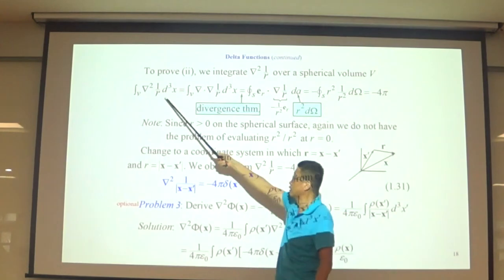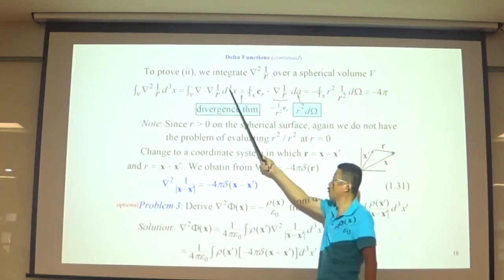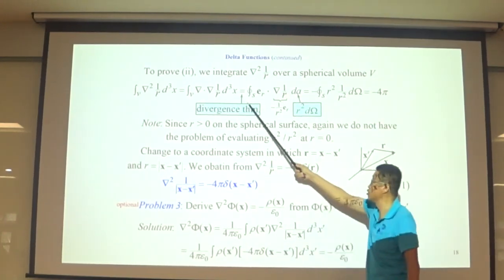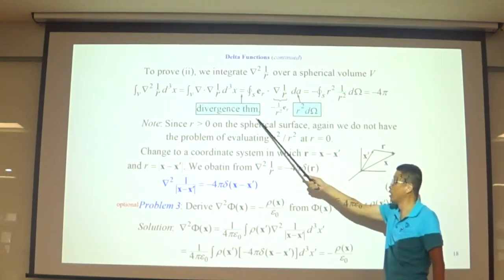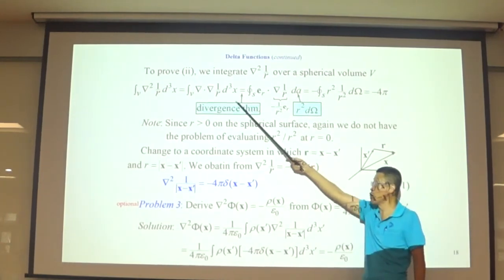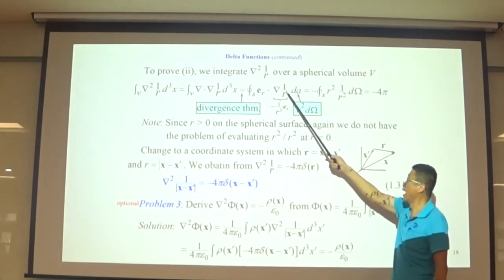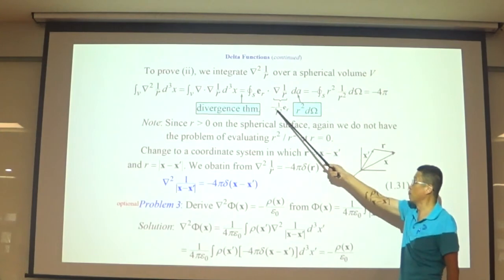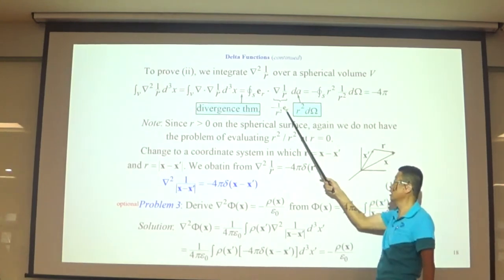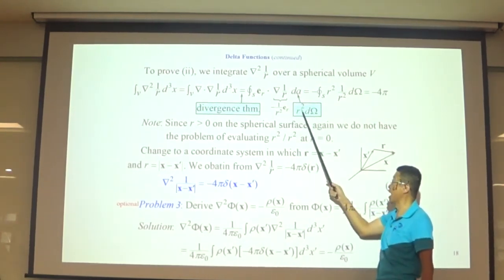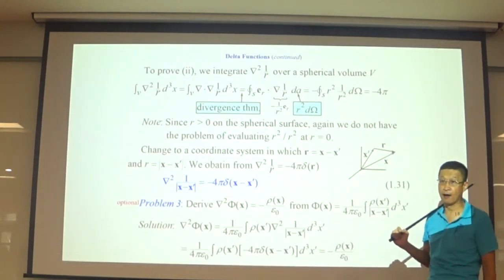You change from the Laplacian volume integration to this form, and from this form you can change to a surface integration. That's the divergence theorem: it lets you change the volume integration to a surface integral over the enclosing surface. The gradient of 1 over r equals minus 1 over r squared e_r. Then e_r dot e_r, and this gives us r squared d omega, where d omega is sine theta d theta d phi.